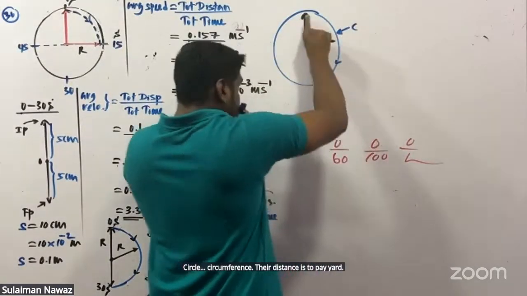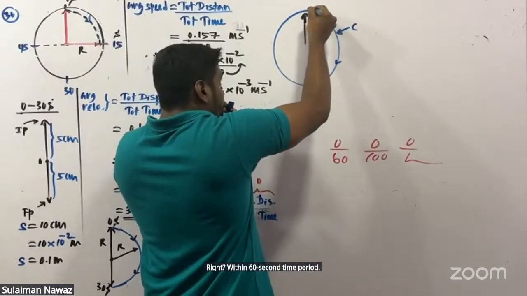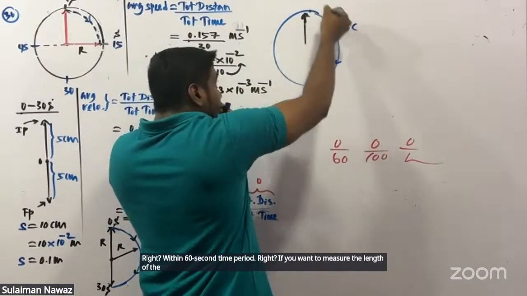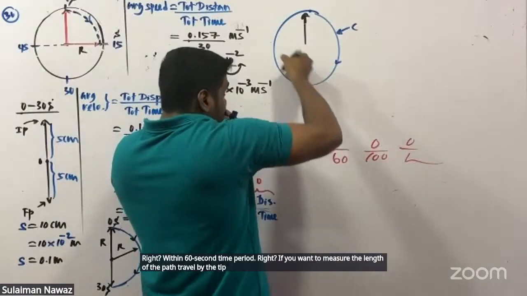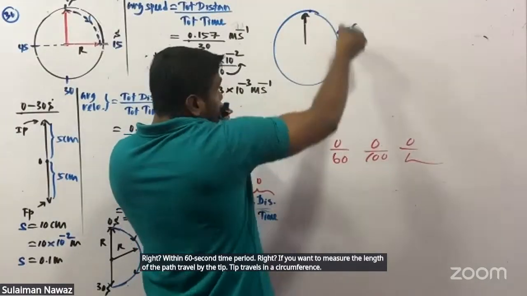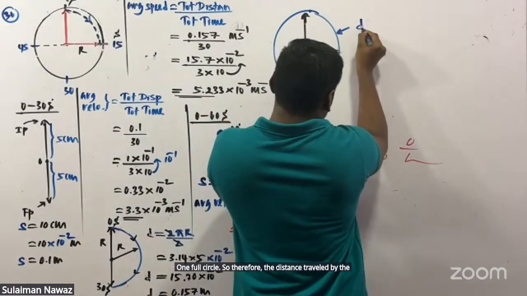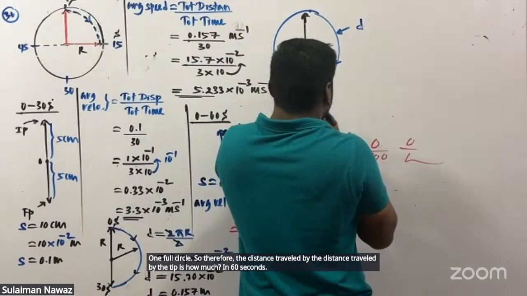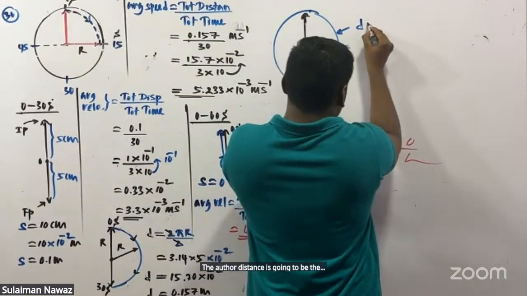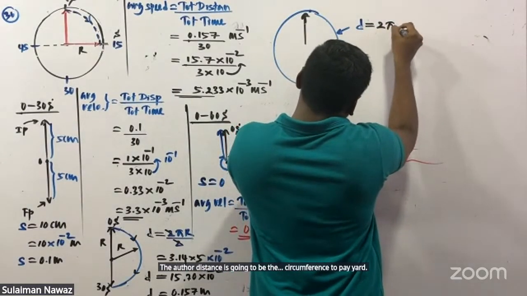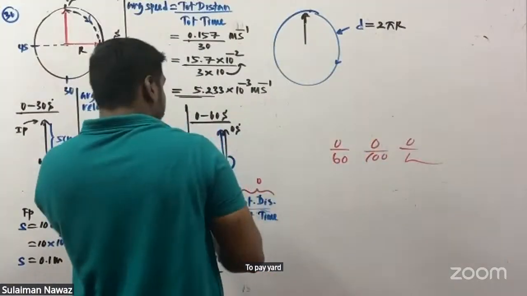So the distance traveled by the tip in 60 seconds is going to be the circumference, 2 pi r.